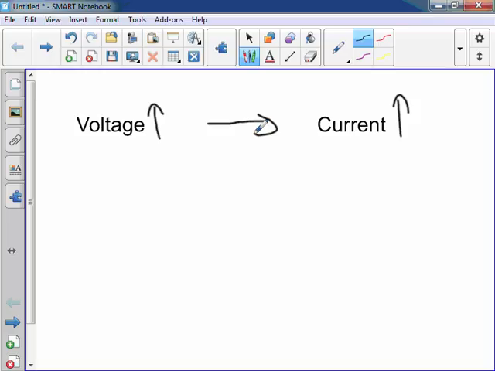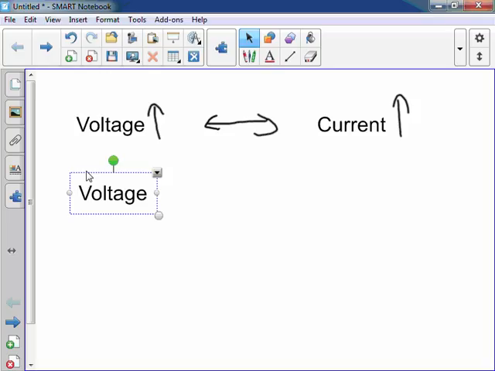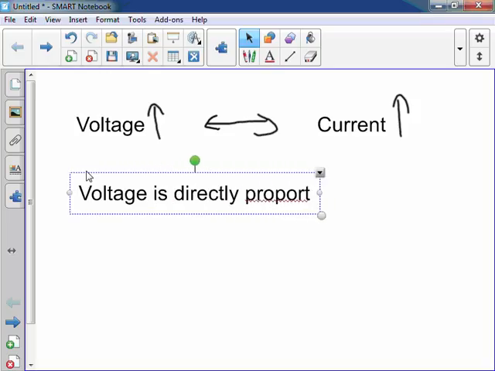So what if current goes up? Does that mean voltage went up? Well, if we change nothing else, it does. So it goes both ways. There is a name for something like that, and we can say that voltage is directly proportional to current.